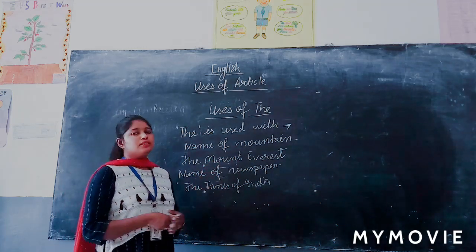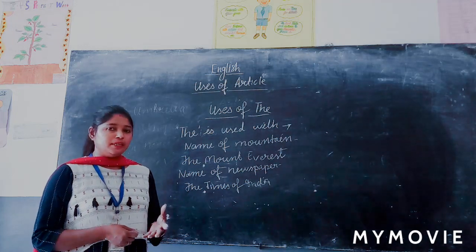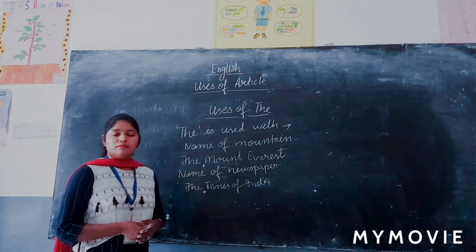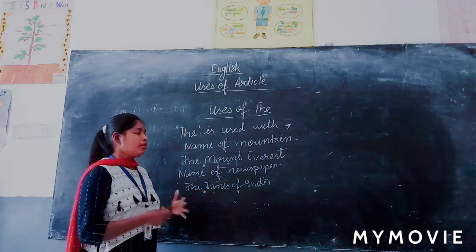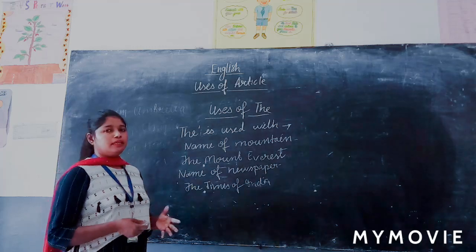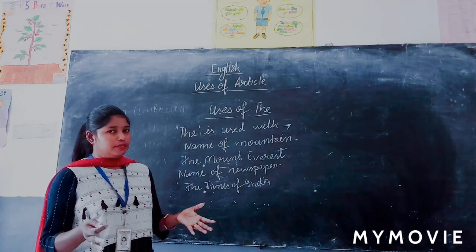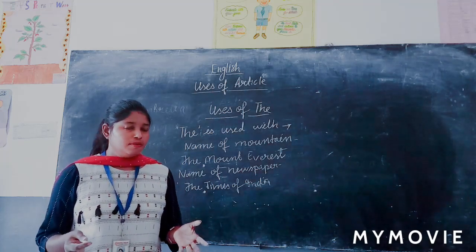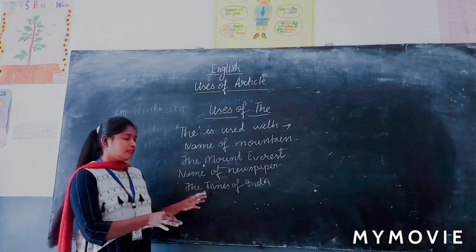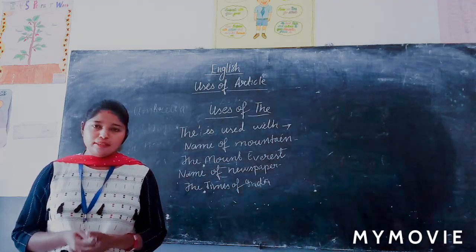And the is used with specific things, a specific number, a specific person. When we have to specify something, in that condition the is used. Then there are the cases where never to use the, and always to use the. All these things have been given, and I hope you understand it.